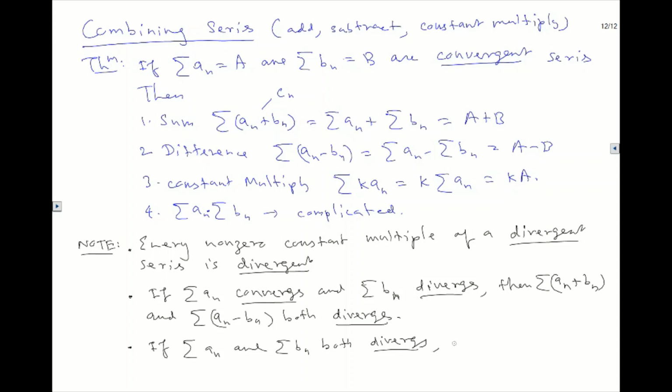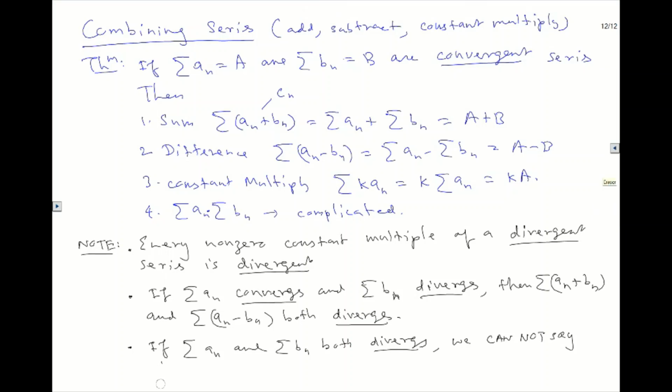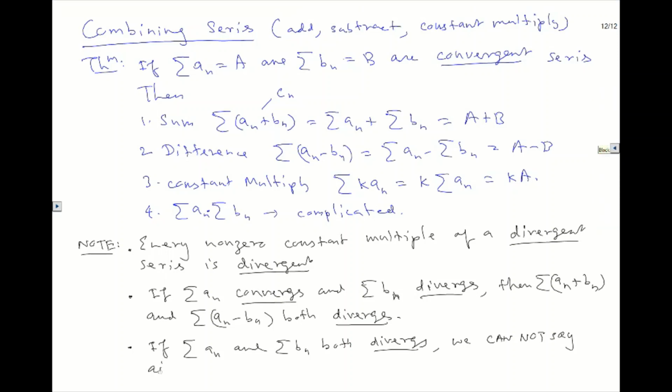We cannot say anything about the convergence of an plus or minus bn. We cannot say anything. So anything can happen.